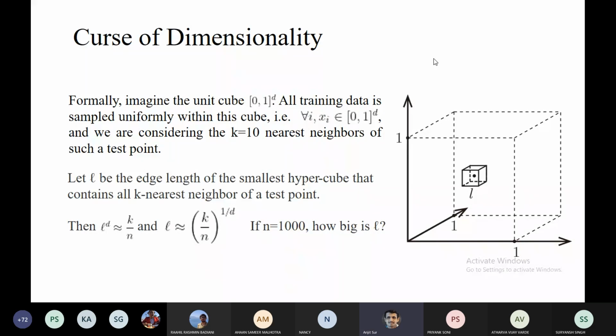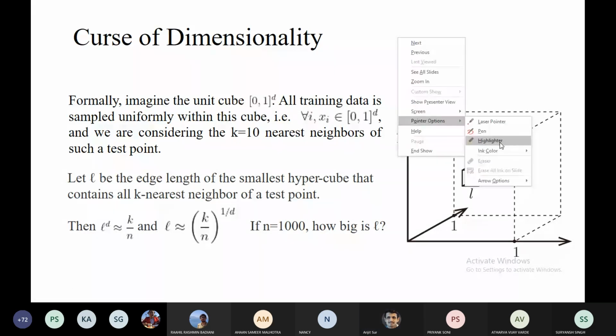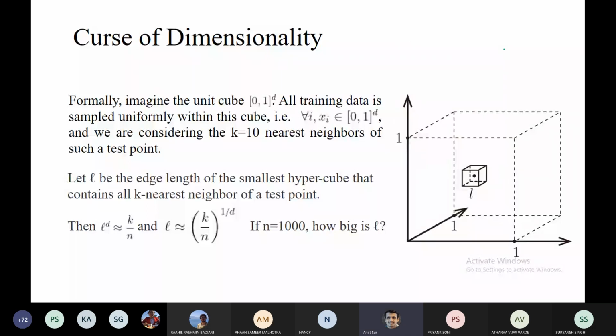Okay. So what we were discussing in the last class is called the curse of dimensionality. For those who are new today, and as a continuation of the lecture, let me recap the problem.